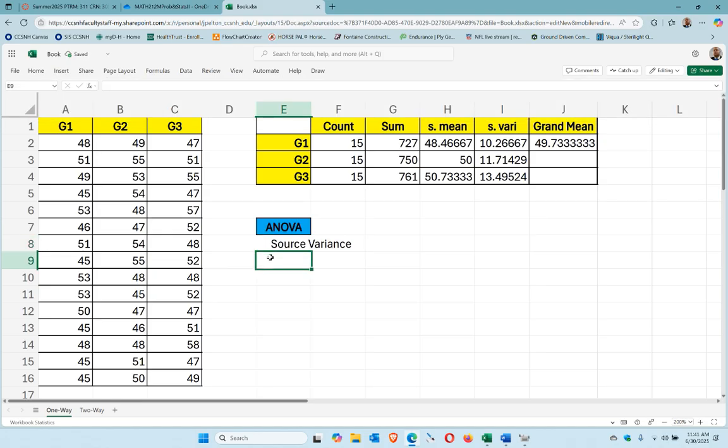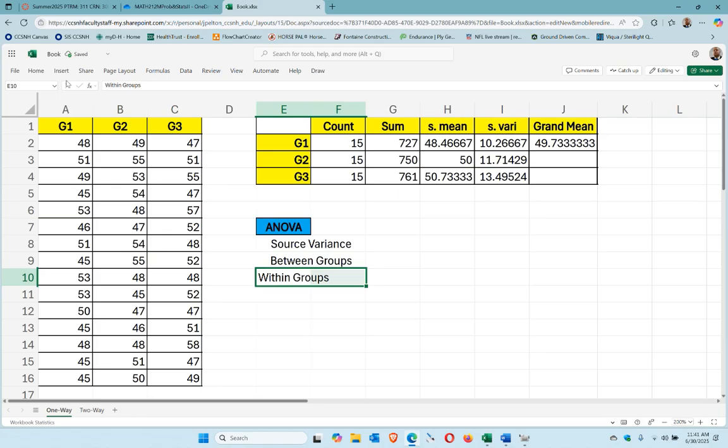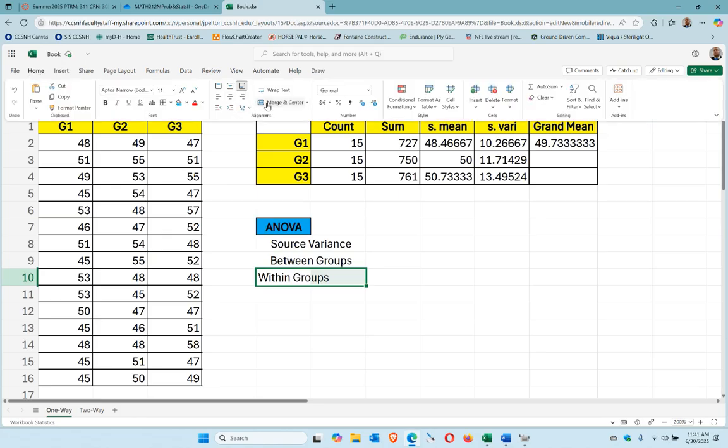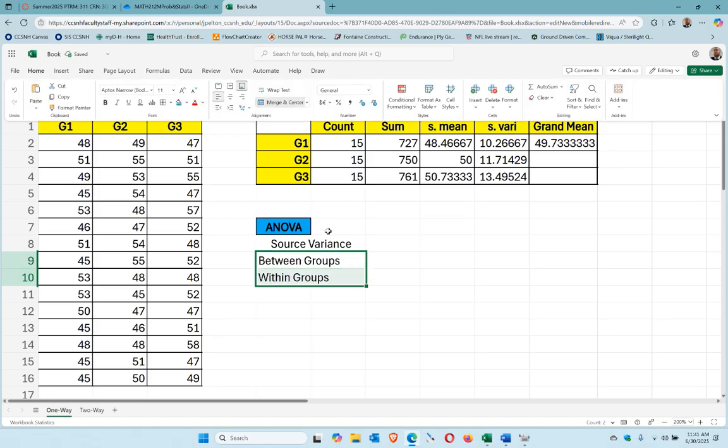So we need between groups, and within groups. Okay, now we gotta merge those. Merge, and merge, and these two will send to the left, I guess.